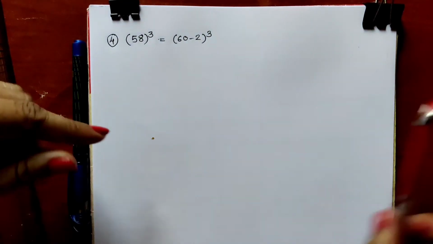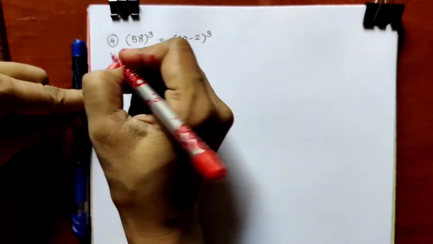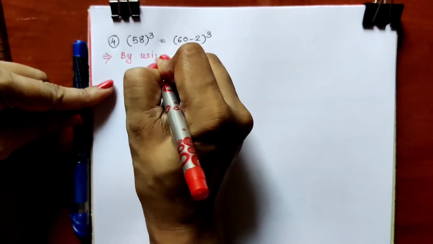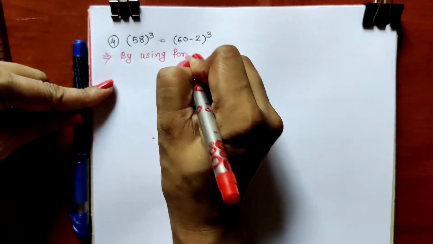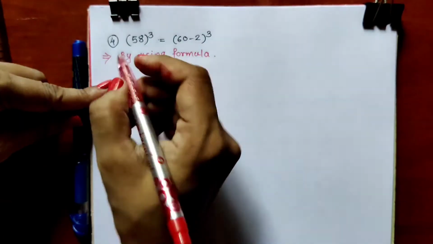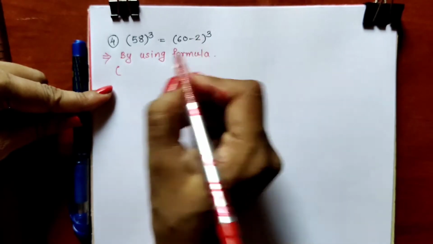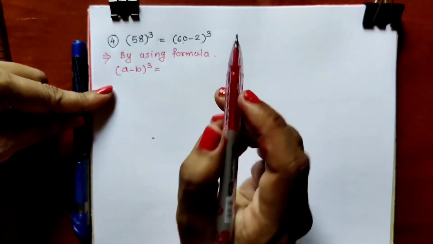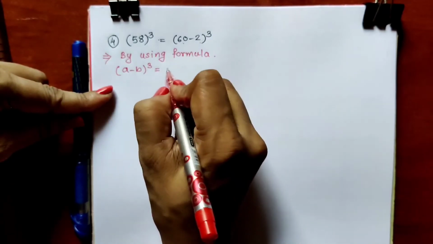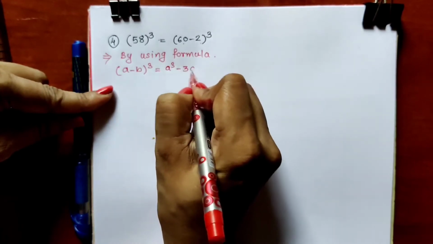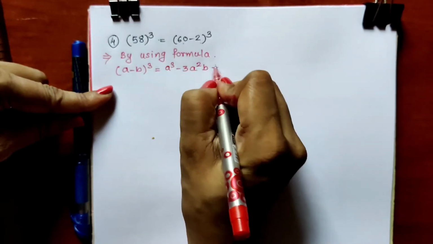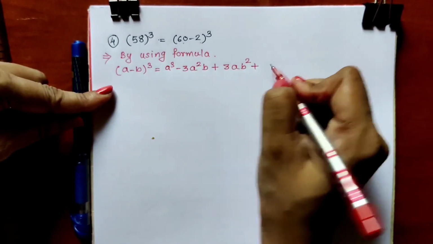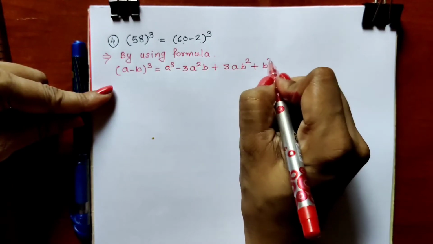Now we will be applying the formula. Now we have converted into the minus, so we will be writing a minus b whole cube. We have converted into the subtraction of two numbers. So a minus b whole cube is a cube minus 3 into a square into b plus 3 into a into b square minus b cube.